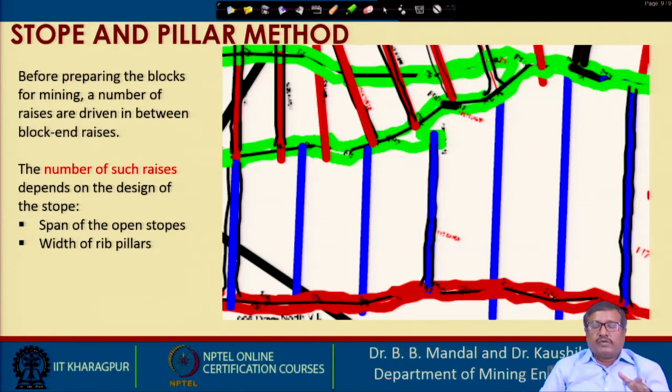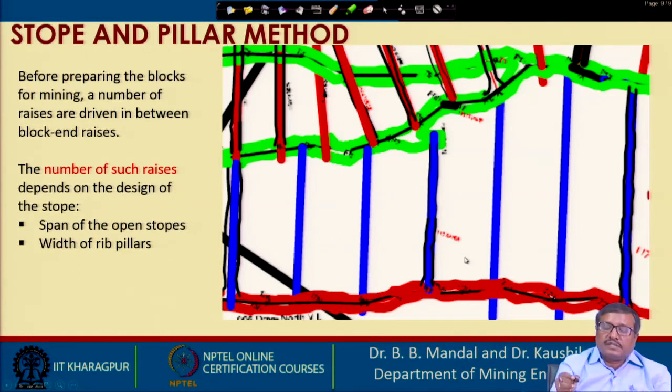That means, what will be the span of the stope? First, we have to decide the span of the open stopes and the width of rib pillars. If we are expanding this to make one stope, and this side also we are expanding, then there will be a rib pillar in between.